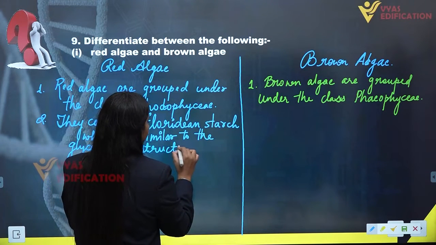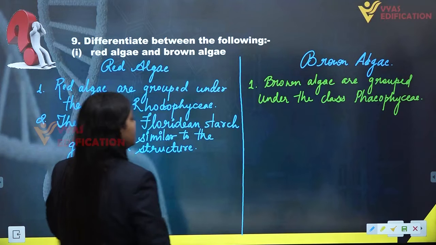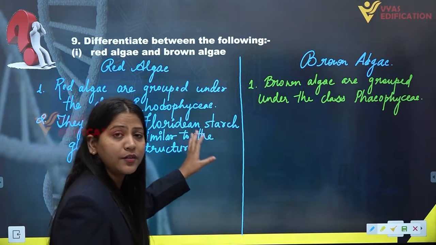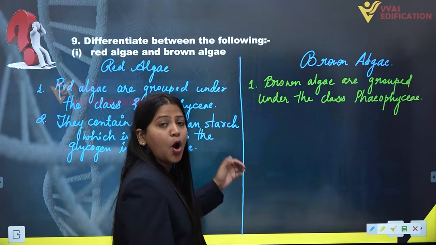Alright, so Floridian starch is the reserve food material in Rhodophyceae or in red algae.